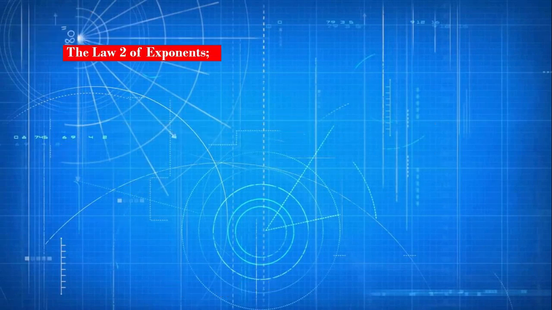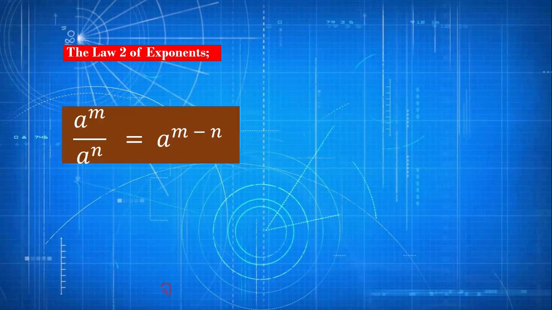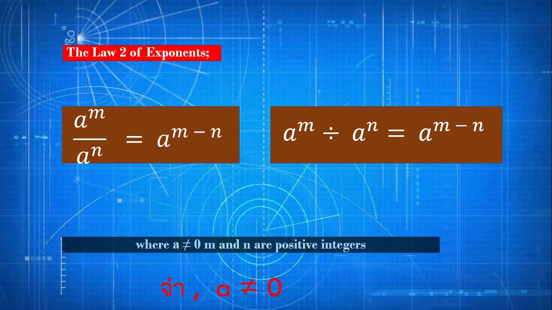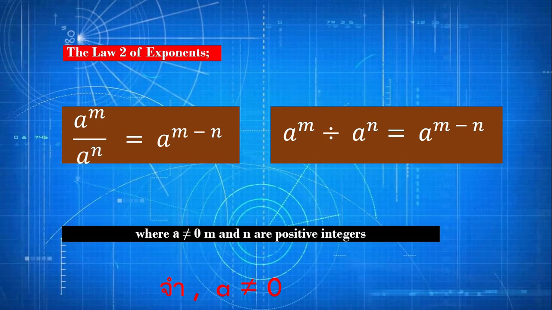And this takes us to law 2 of exponents, where a to the power of m divided by a to the power of n equals a to the power of m minus n, where a is not equal to 0, m and n are positive integers.